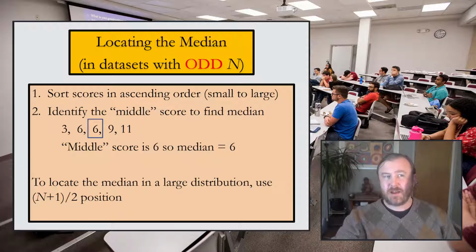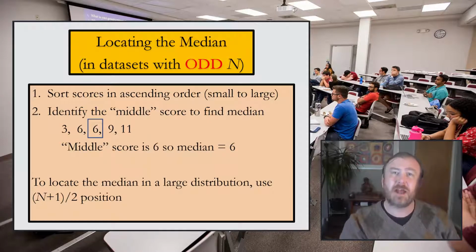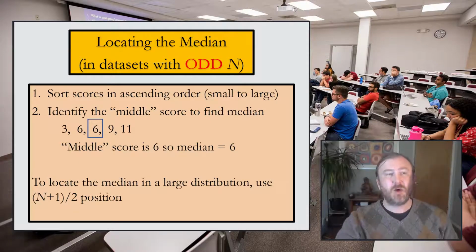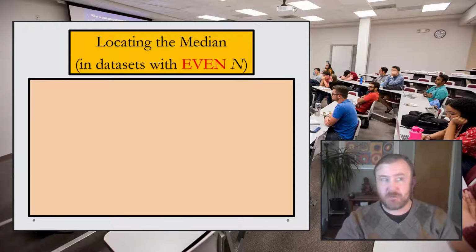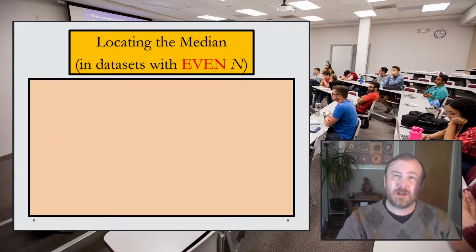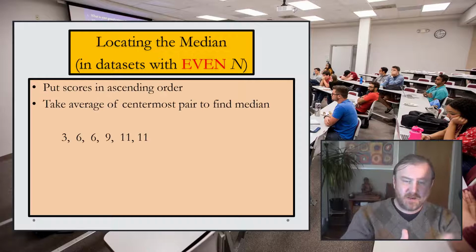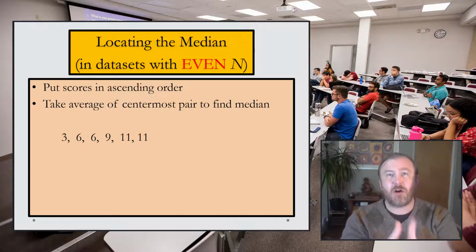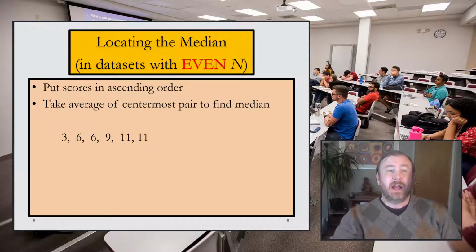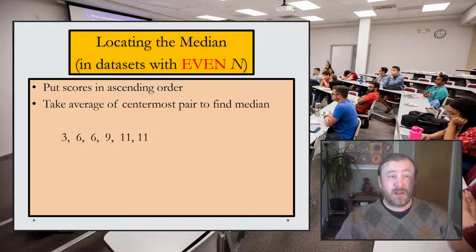So what if we have an even number of values? If there's an even number, there's not going to be one score at the midpoint. So we do the same thing as before: we put them in ascending order, and then we take the average of the centermost pair. There are 2 values in the middle. 6 and 9 are the midpoints.